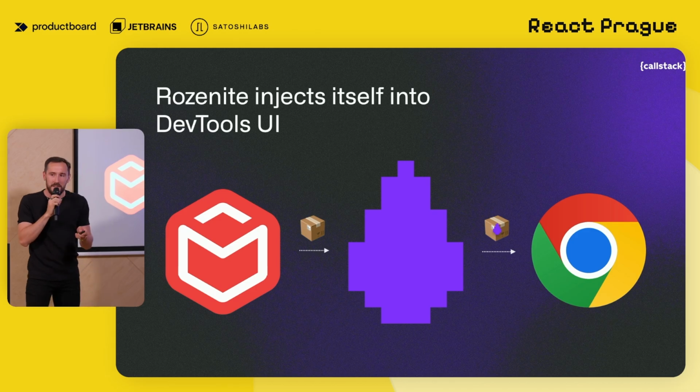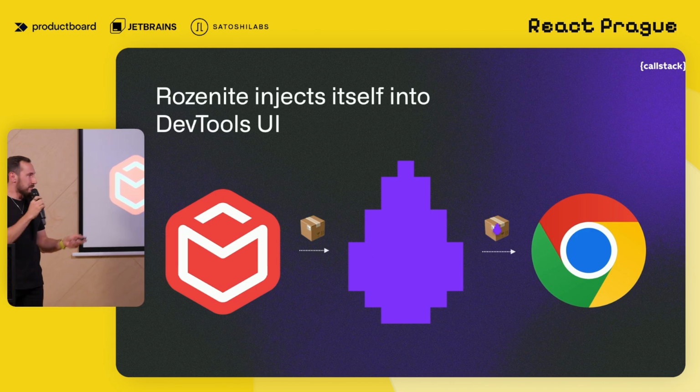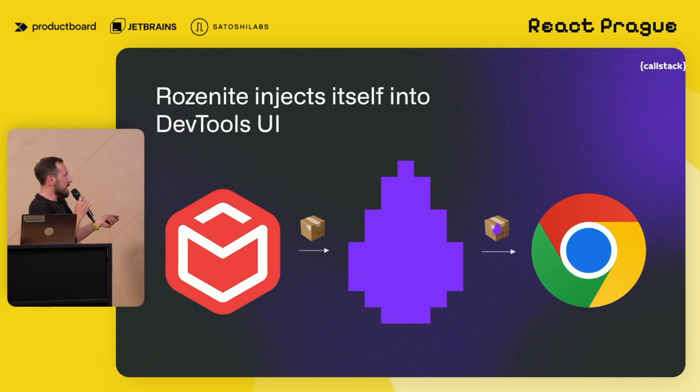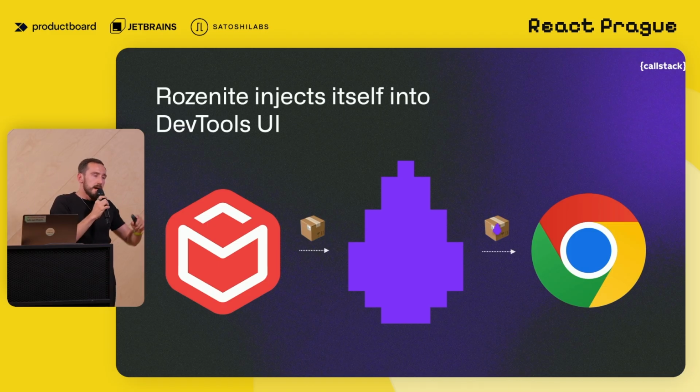And this is basically how it works. If Chrome asks for the index file, the HTML file, you know how HTML works. There are script tags. So Rozenite injects its own script tag inside this HTML, and therefore it loads internally in the UI. And starting from this point, it can reuse everything that's inside the app.